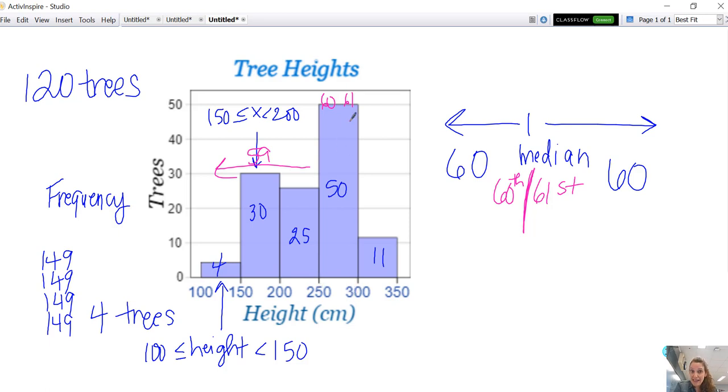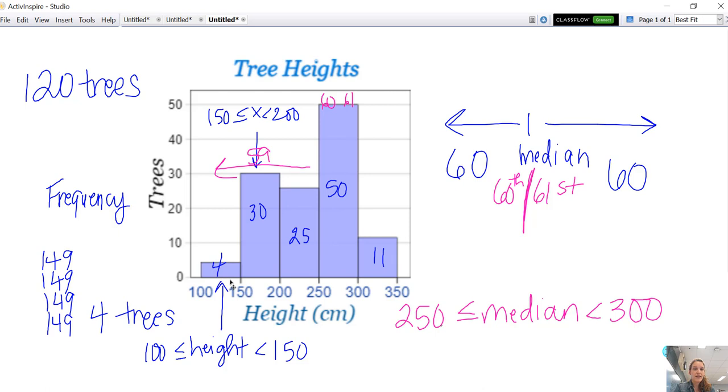So my median is somewhere between 250 and 300. My median is going to be greater than or equal to 250, but less than 300, because I know the 60th tree is at least 250 centimeters tall, but no more than 300. And I know the 61st tree is also in between 250 and 300. So my median is somewhere in this bin.